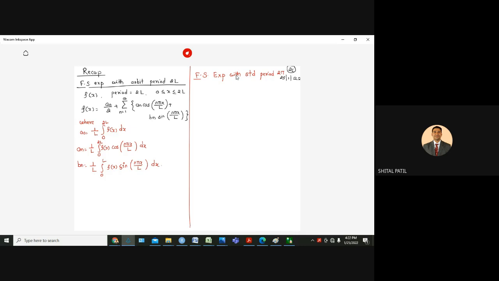Why is 2 pi the standard period? Our aim is to write a given periodic function in terms of sin x and cos x. So sin x and cos x are the standard functions and their period is 2 pi. Therefore, the standard period is considered 2 pi.